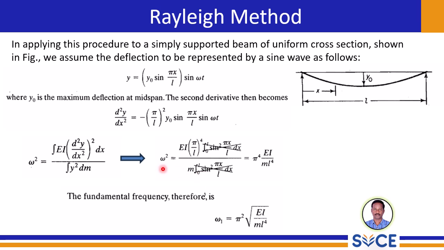Eventually we get omega square equal to EI divided by m L to the power of 4, where the total mass of the beam is mu into L. Hence we rewrite the fundamental natural frequency as pi square times the root of EI divided by m L to the power of 4. This is the estimated fundamental natural frequency of the simply supported beam using Rayleigh's method with a sinusoidal assumed mode shape.